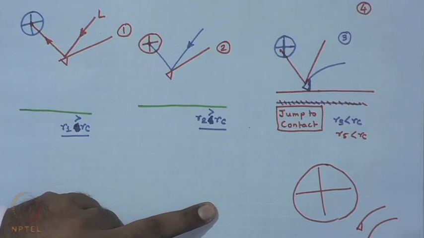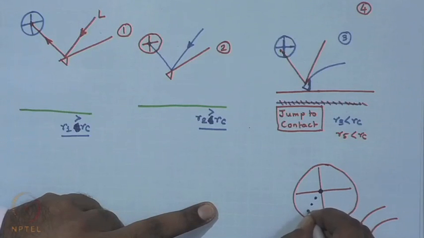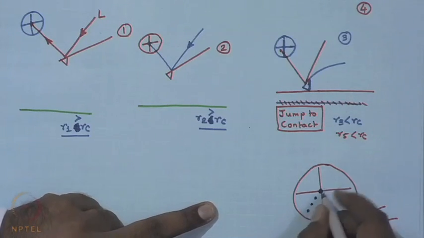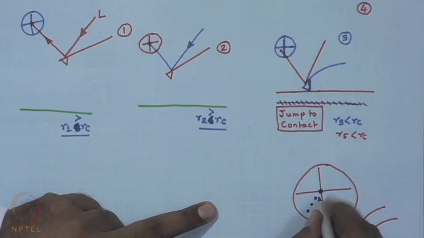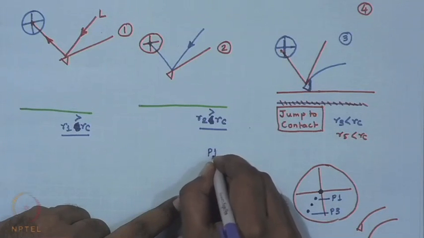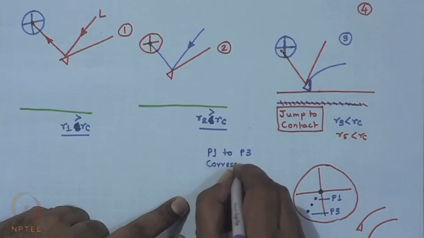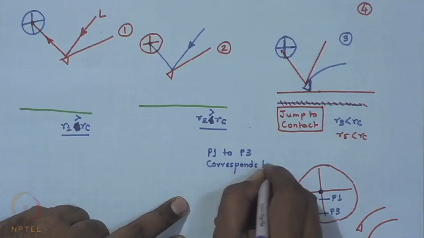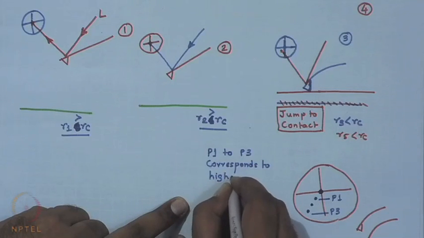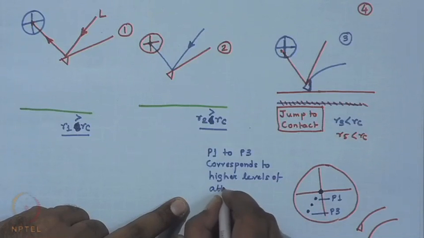this deforms more and more, and consequently from here, this was the location of the aligned one. As the attraction increases, the laser light drifts more and more from the center. So, from let us say position P1 to P3, higher level of attraction.